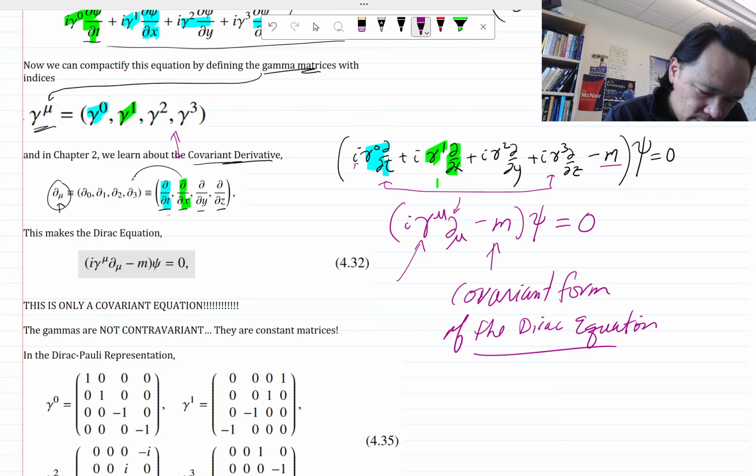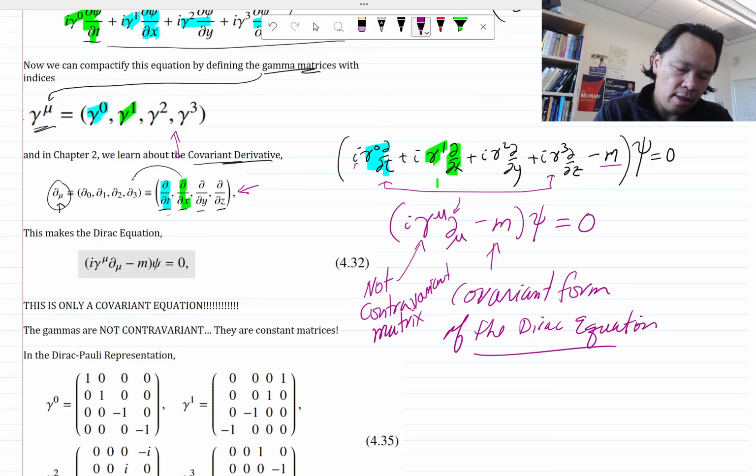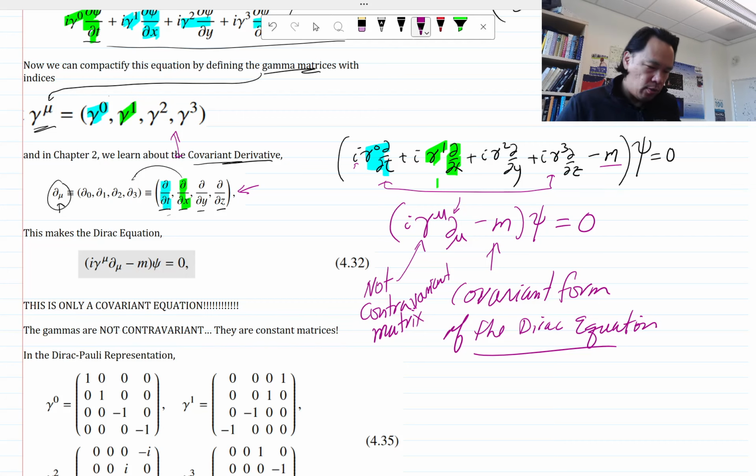So this is actually not a contravariant matrix, and you have that not contravariant thing multiplied by a covariant thing. The derivatives are covariant, so therefore the whole thing only remains covariant. It does not change to a Lorentz invariant.